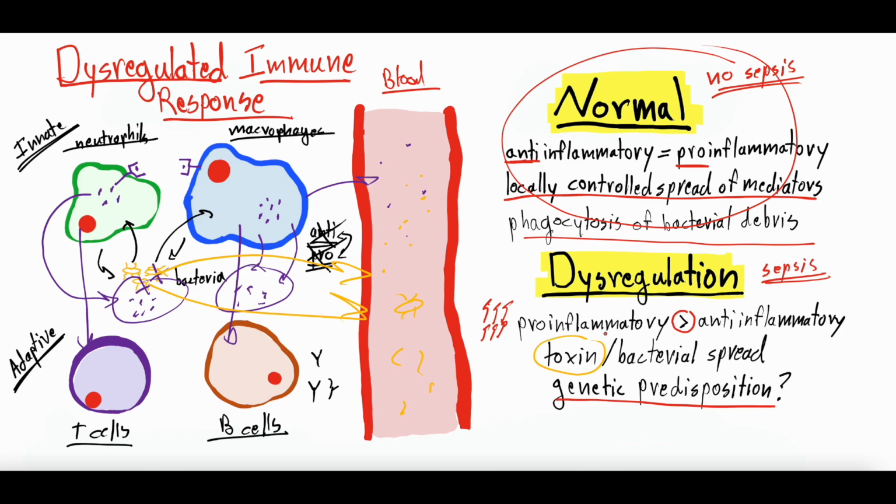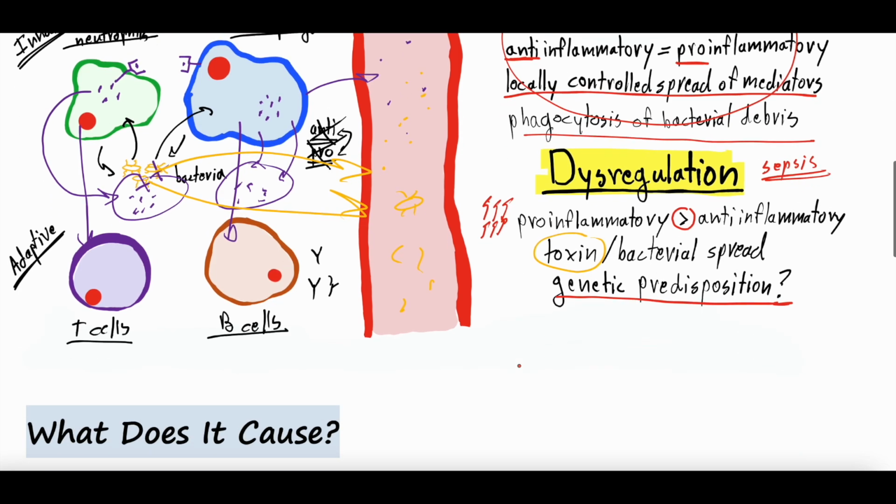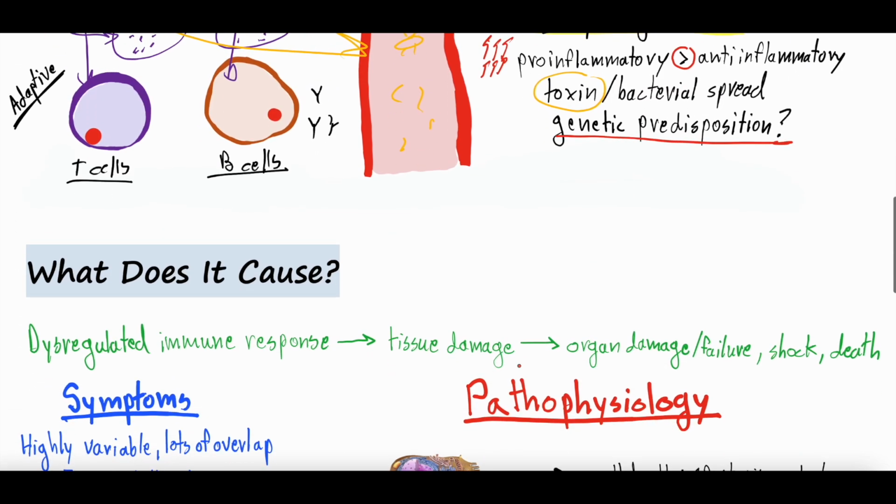Bacteria can spread into the blood or into other areas, which causes a more widespread inflammatory response, and certain people's genetic makeup might put them more at risk for this, but that's still something being studied, which is why we put that question mark here. So sepsis is when you have an infection and then your own immune system goes into overdrive, and your own immune system starts causing damage to your own tissues or organs, right? So what does sepsis cause?